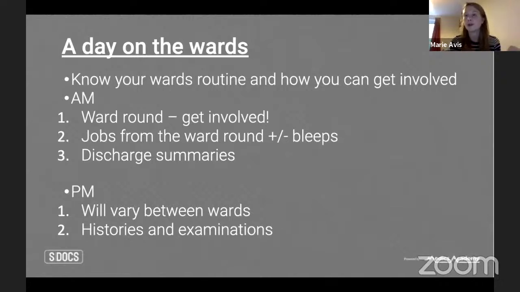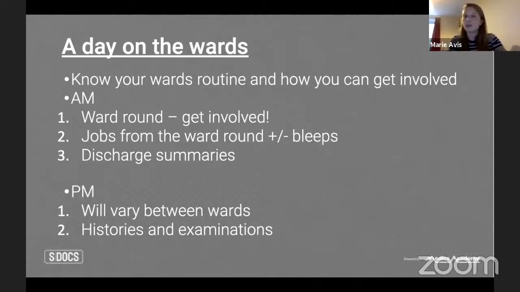If someone is on call, they might get bleeped to go and review a patient on another ward, and you can ask, oh, can I go along? You can see someone with a big amount of experience first assessing a patient that's coming onto your ward, and really get a feel for the questions they ask, what's important, and then how they present it back to maybe a consultant.